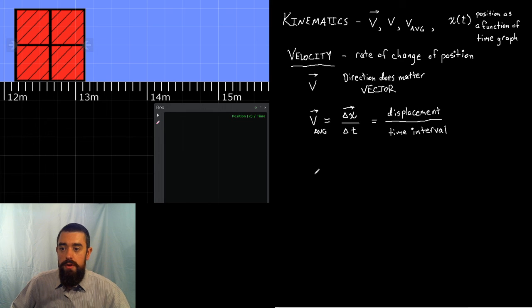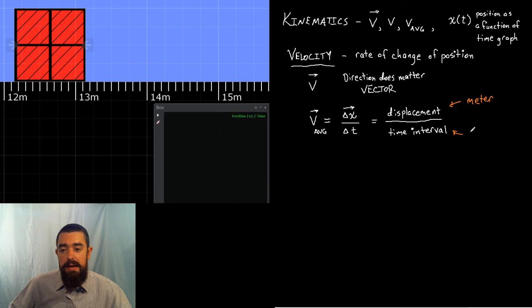So that's velocity. What are the units? Well, for the units, we can actually look at what the units are for displacement. The unit for displacement is meter. For a time interval, time is measured in hours, days, years.